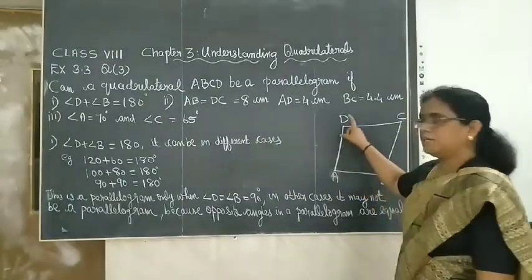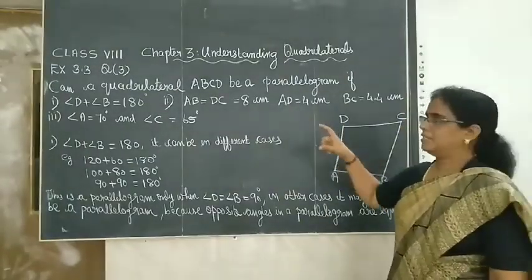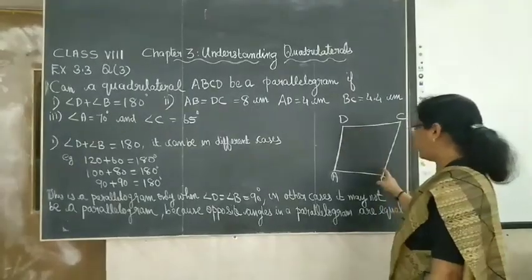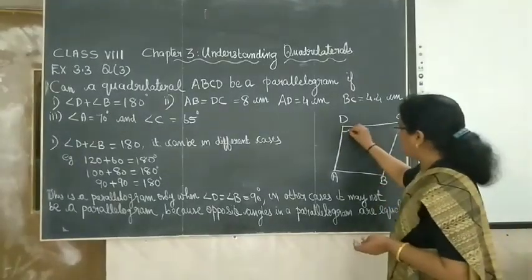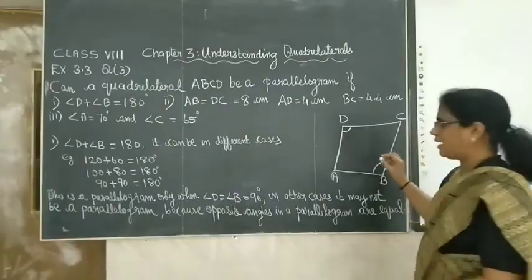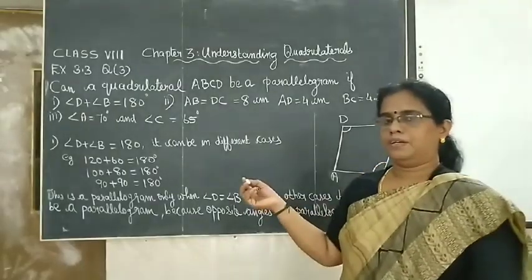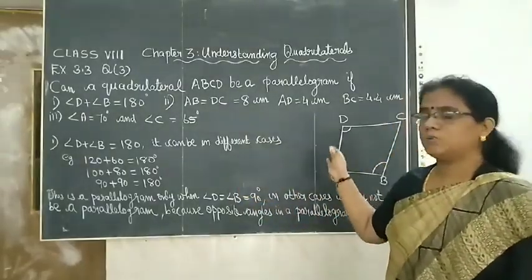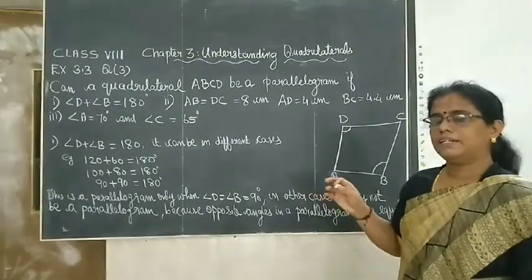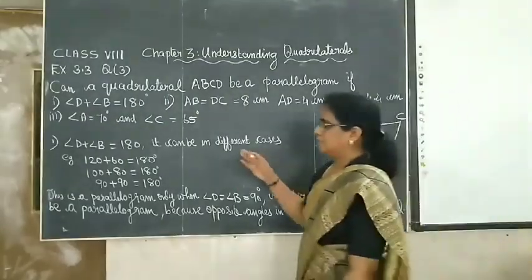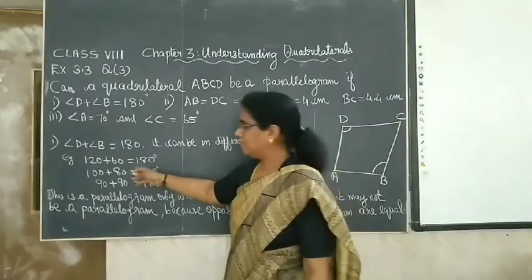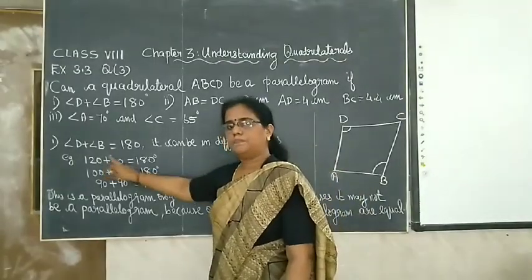Now, according to the given condition of the question, angle D plus angle B, the sum of these two angles, is given as 180. And the sum of these two angles can be 180 in different cases. Some examples I have shown here. That is 120 plus 60.